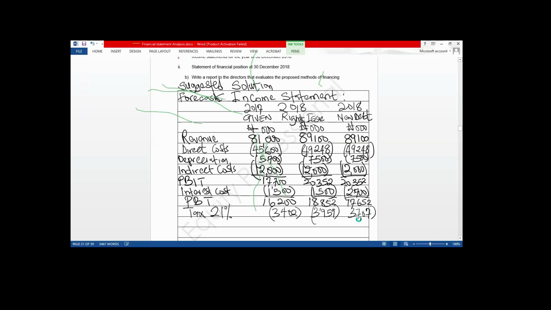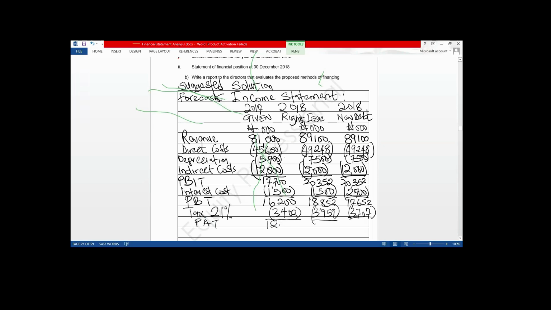You can derive your profit after tax. Profit after tax. What do we have here?